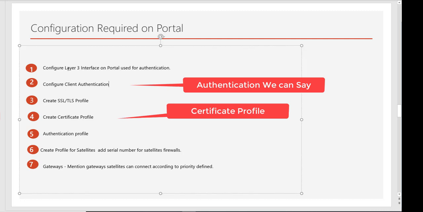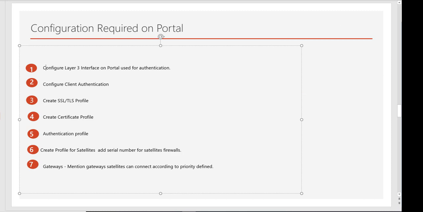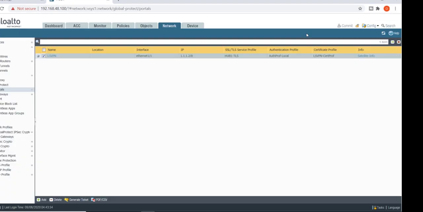So first one is we need an L3 interface on portal that would be used for authentication by satellite firewalls, right? So it's simple. Basically it means that we need a normal L3 interface on Palo Alto assigned with the correct zone and proper routing.